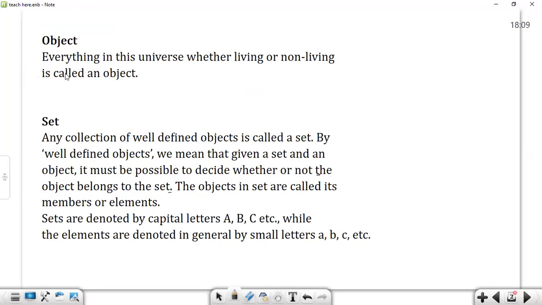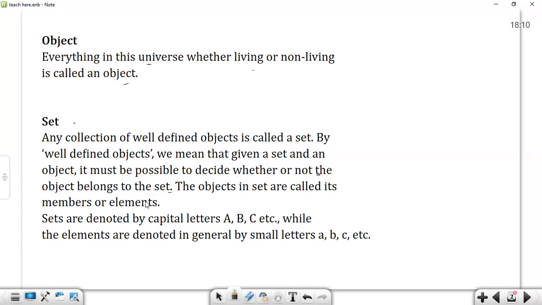Till now we have discussed what an object is. Everything in the universe, whether living or non-living, is called an object. Any collection of well-defined objects is called a set, given that we are very particular about the nature of objects belonging to that set. Well-defined means that given a set and an object, it must be possible to decide whether or not the object belongs to the set.